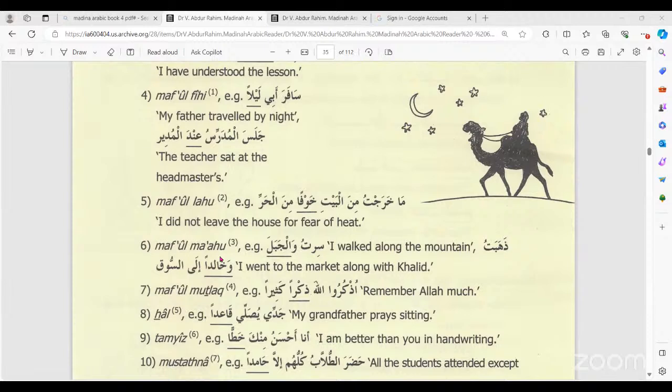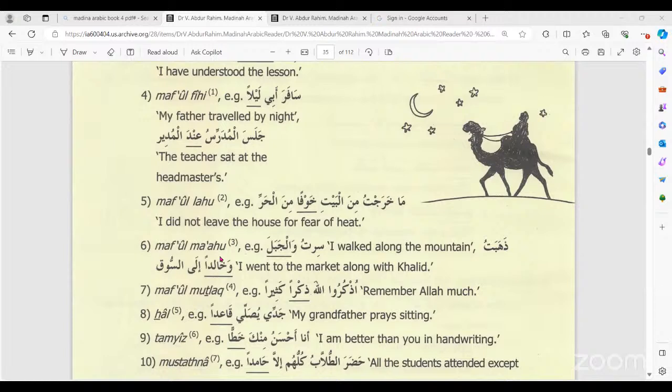So the object in the sentence is explaining why you're doing this action itself. Now, in this sentence, ma kharajtu min al-bayti khawfan min al-hari, I did not leave the house for fear of the heat. Here the word khawfan is coming with a fatha, tanween, not as an object, but as the reason why the verb of leaving the house occurred.